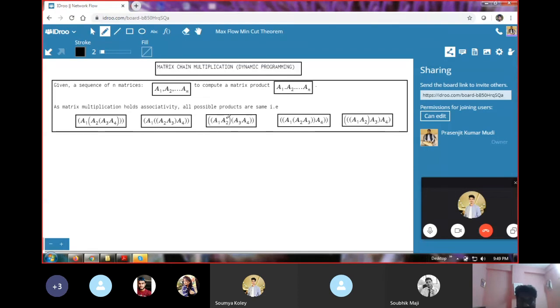Here A1 A2 first, then A3 A4, then the product of A1 A2 and A3 A4. Here A2 A3 is multiplied with A1, then it is multiplied with A4. So all these are all the possible 5 sequences of multiplications. Okay.